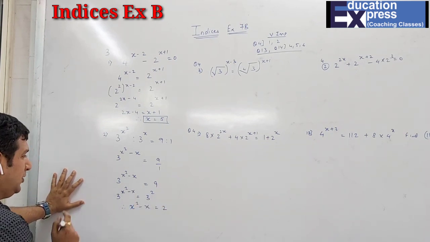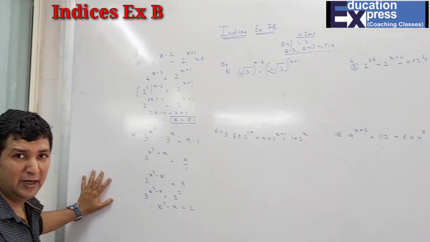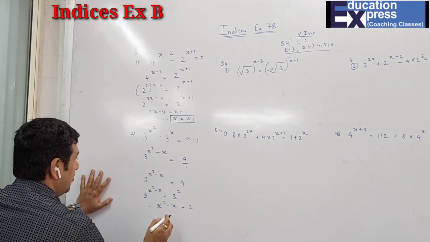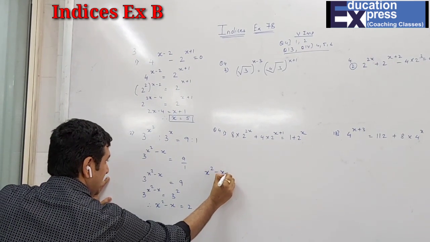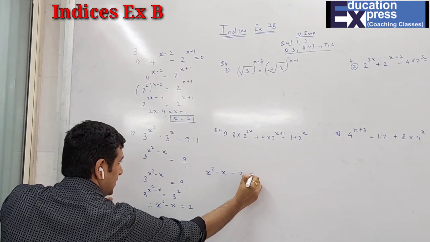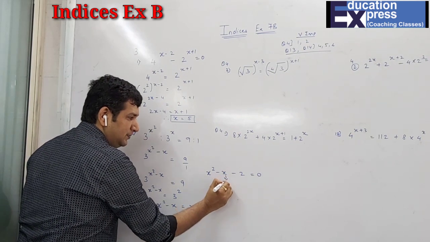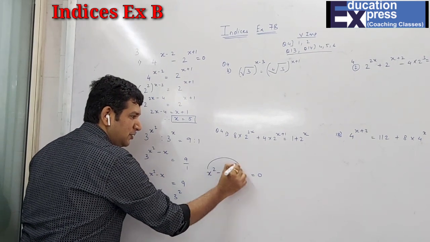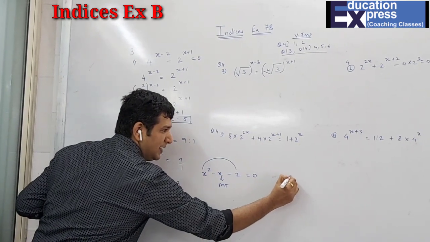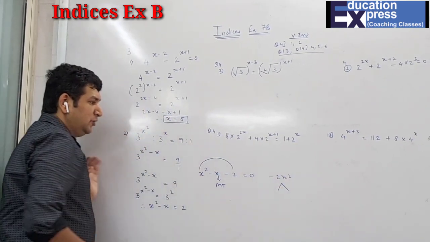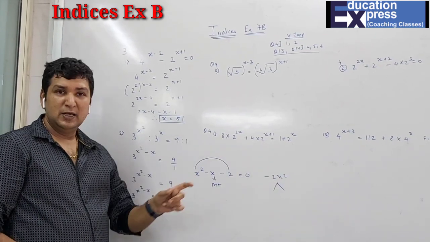So students, here you have to do what now? When the power is 2, I always told you that you have to go for splitting the middle term. So now if I split the middle term over here, x squared minus x minus 2 equals 0. So now here this is your middle term and this is the product of the extremes. What is the product of extremes? Minus 2x squared. When you take the product of the extremes, minus 2x squared, students, over here means opposite sign.